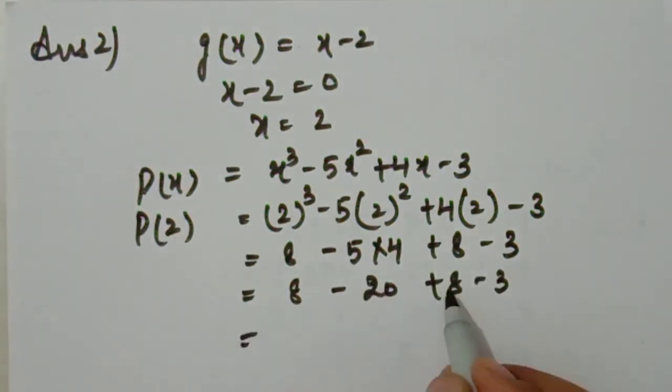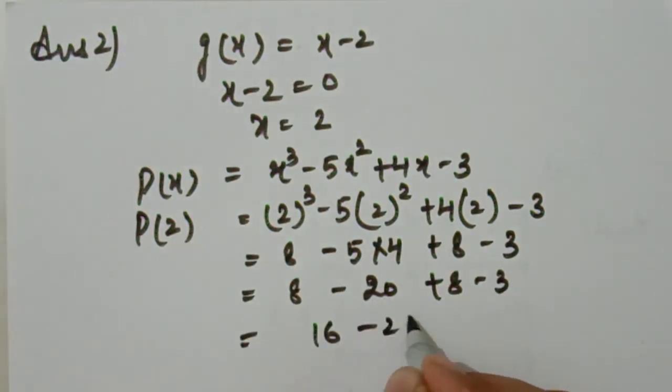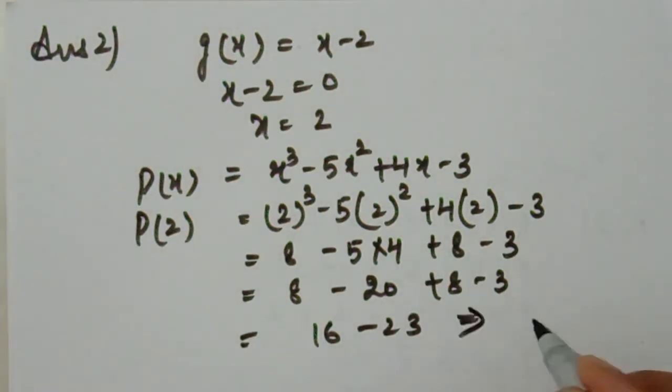Then it is 8 plus 8, 16, minus 20 minus 3 is minus 23. So it is minus 7.